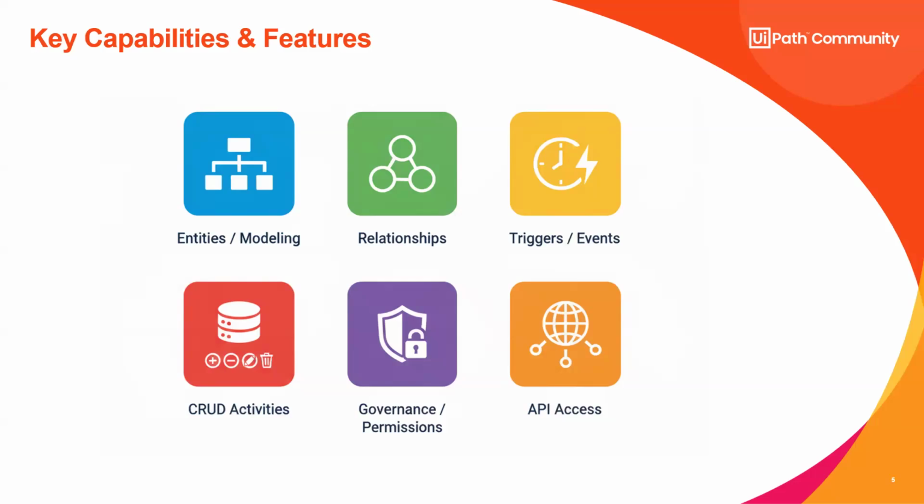Then common entity definition and relationships means we can define reusable data models like customer, ticket, or employee and use them across multiple automations. Then direct access, whether you are working in studio or building dashboards in apps or using integration service or deploying AI agents, they all access the same live data.